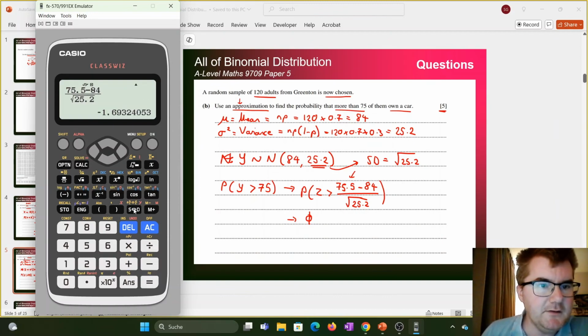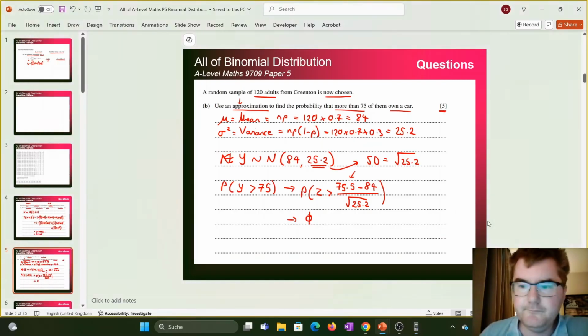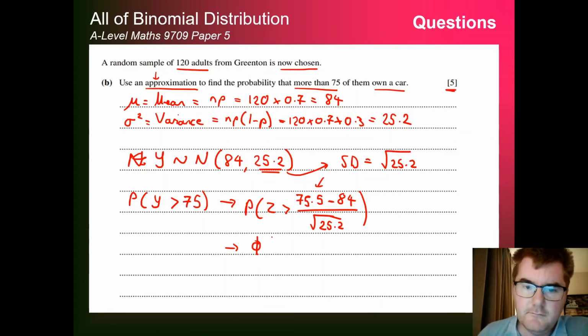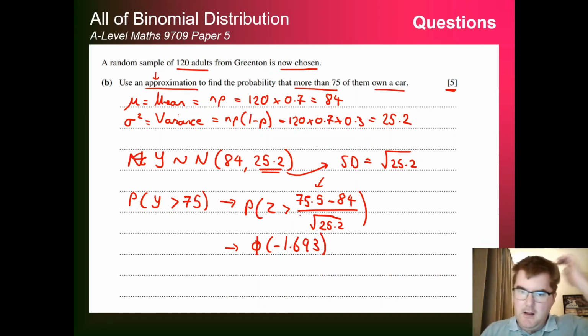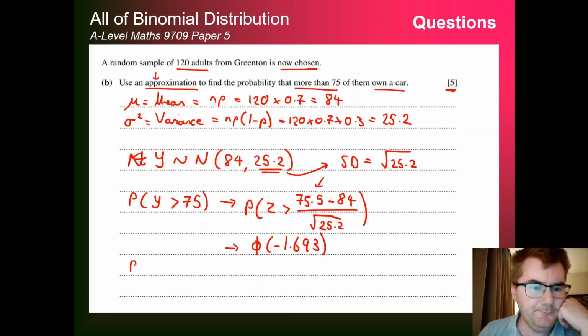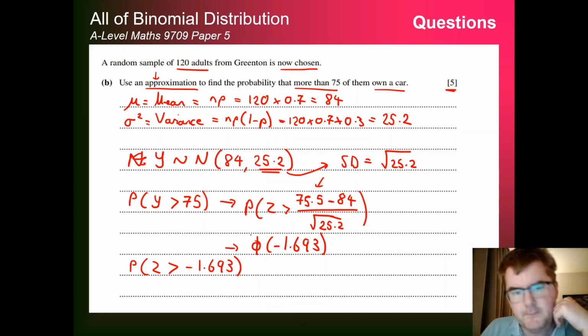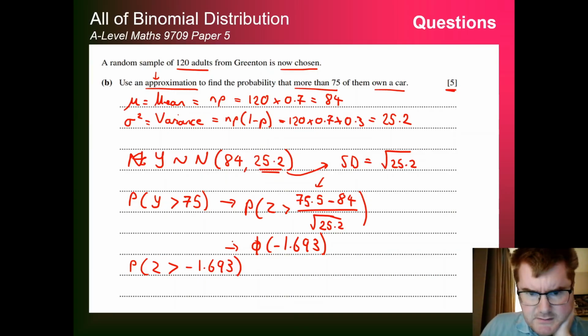And this gives us minus 1.693. Essentially here we're looking for z being greater than minus 1.693. Okay, that's fine, we can deal with that.